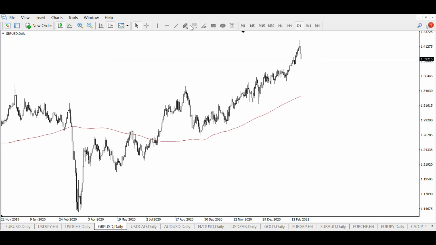So connecting my low point with another low point, right, and dragging my line out, that would make my support, right? And any touch or whatever happens to the line after this point is just price, and that will tell me if price will respect my analysis or not.